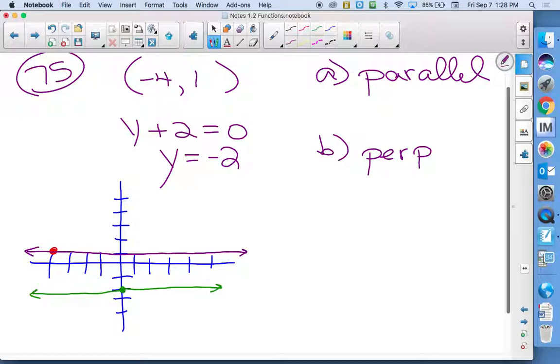What's that equation, Kate? Y equals 1. Yeah, y equals 1. So my horizontal line that was given, y equals -2, and now I have a horizontal line going through the point -4, 1, because those would be parallel. Perpendicular means what? Nick, if I align two lines that are perpendicular, what's that mean?